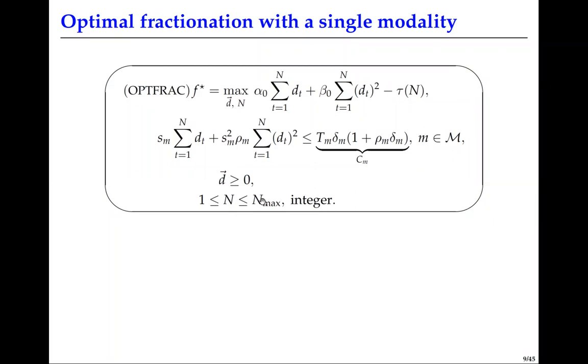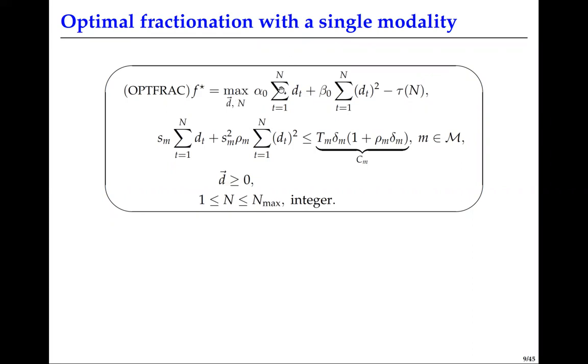So it's between 1 and n max. It's an integer. And the dosing vector. I mentioned earlier that d subscript t is the dose given to the tumor in the tth treatment session. So d1, d2, up to dn is my dosing vector. And of course, that vector is a non-negative vector.